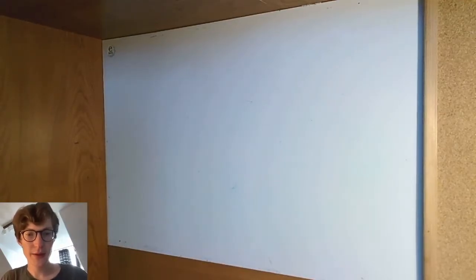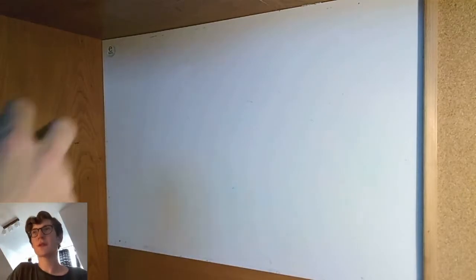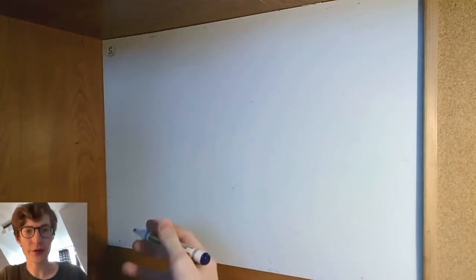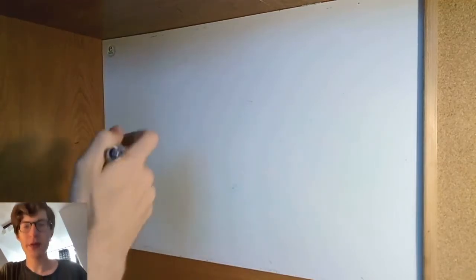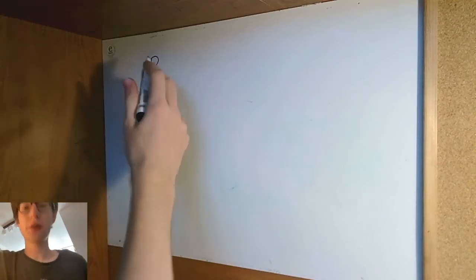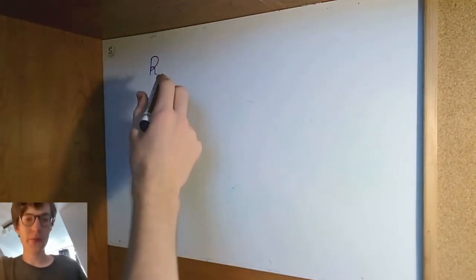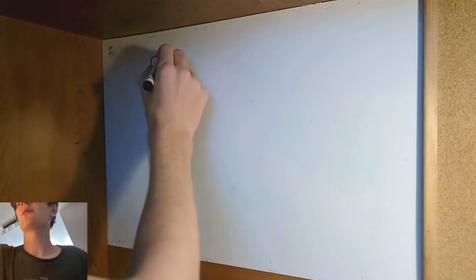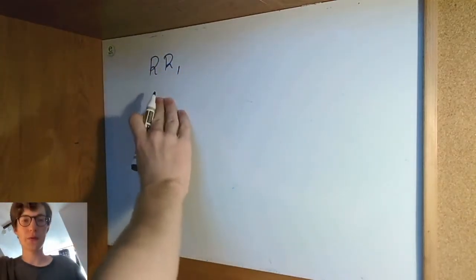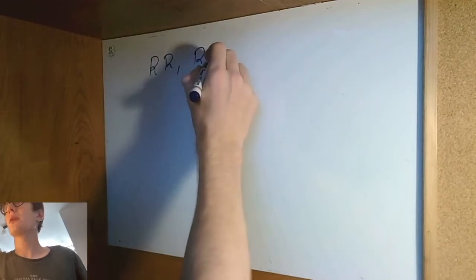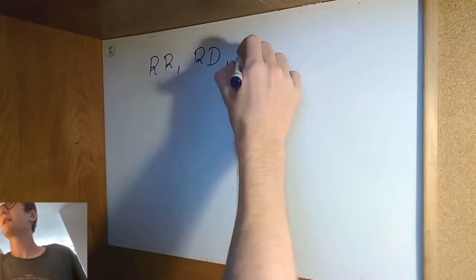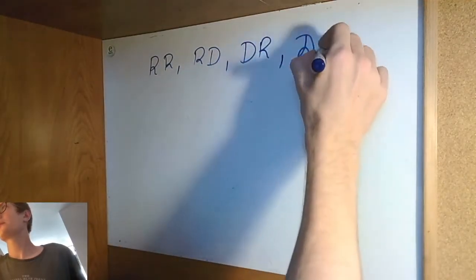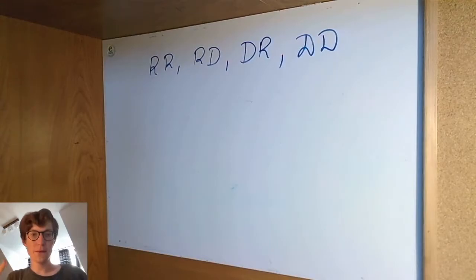So actually, what we should do is just list all the possible scenarios of those basis choices, right? Alice can choose R or D, yes? And Bob can also choose R or D. So the possibilities are that both choose R, that Alice chooses R and Bob D, Alice D and Bob R, or both choose D. Okay, we have 4 equally probable possibilities.